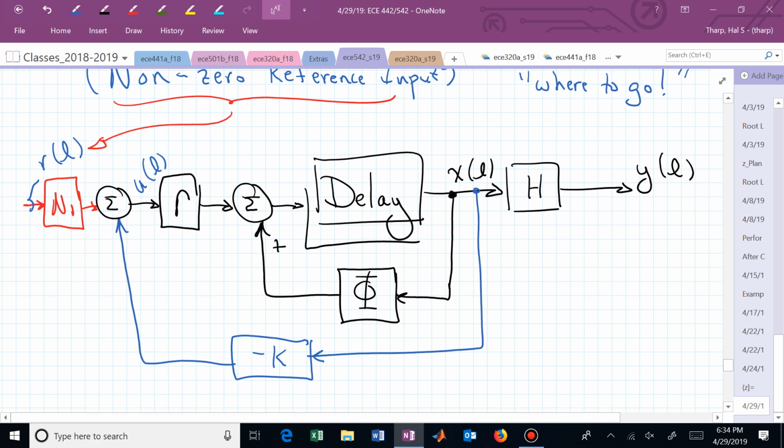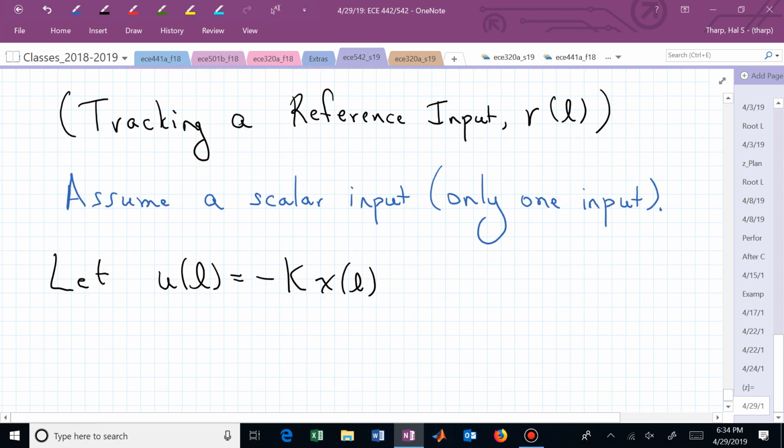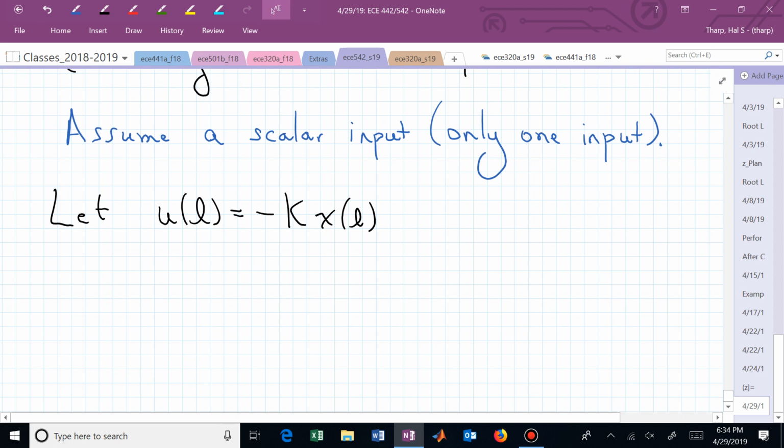That's the algebraic structure of our input now, u of k, with full state feedback and a non-zero reference signal.